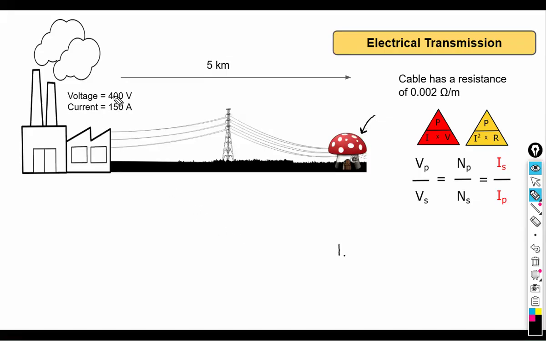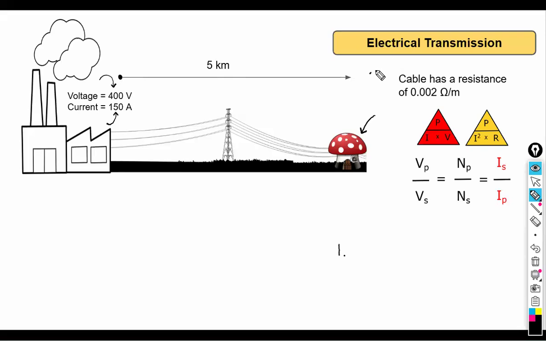Let's say that power gen is producing a voltage in the factory at 400 volts, and the current they are producing is 150 amps. Let's say the distance between power gen and your house is 5 kilometers.